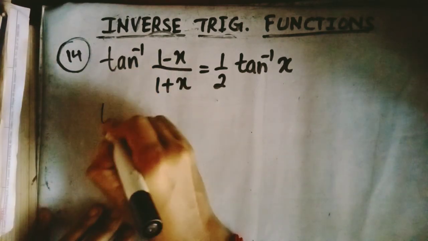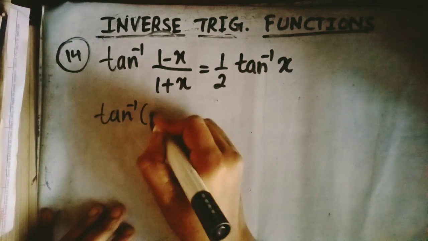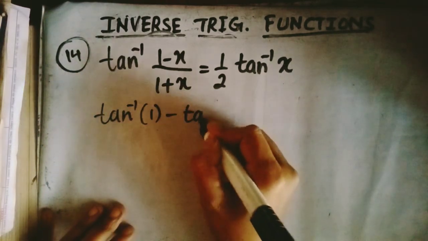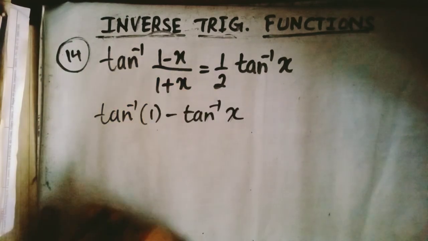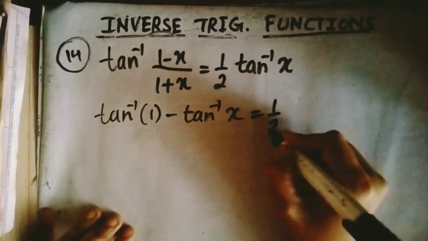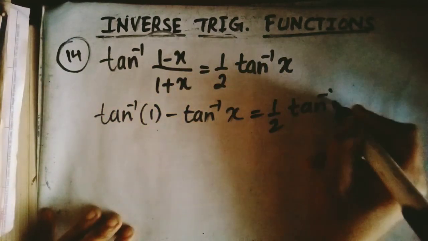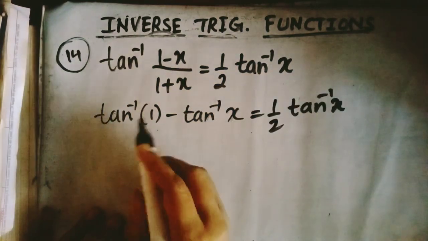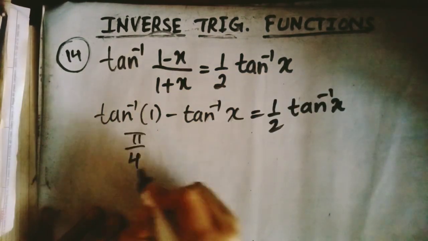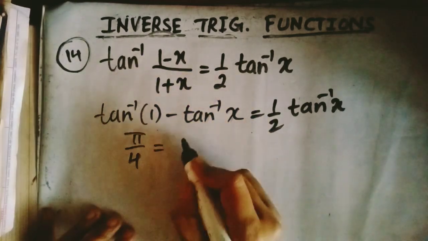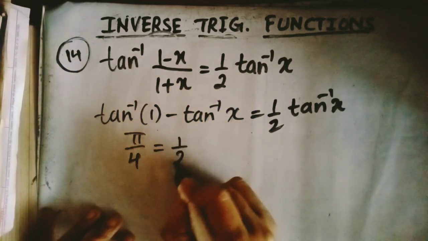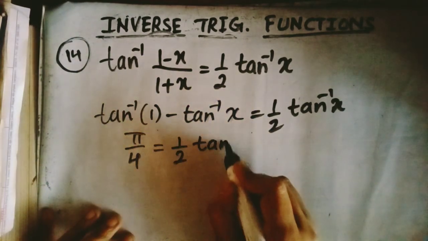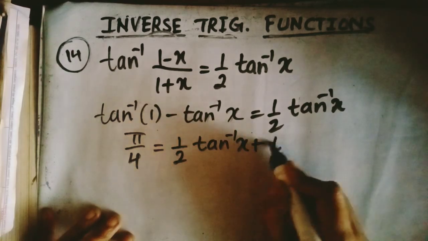So you can directly write tan inverse of 1 minus tan inverse of x, which is equal to half tan inverse of x. Now we know that tan inverse of 1 is pi by 4, and I'll take tan inverse of x that side, so it will be half tan inverse of x plus tan inverse of x.